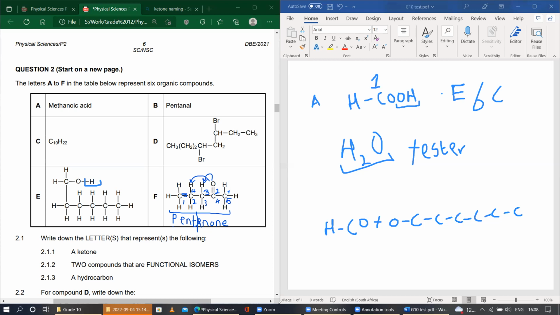You're going to have something like C6. You're going to have C, sorry, 1, 2, 3, 4, 5, 6.